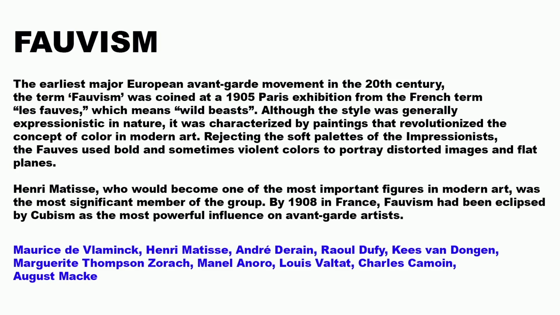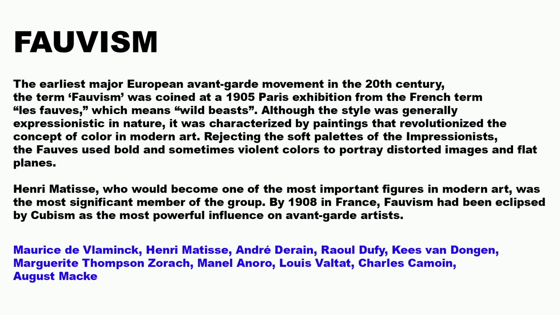Fauvism is the earliest major European avant-garde movement in the 20th century. The term Fauvism was coined at a 1905 Paris exhibition from the French term les fauves, which means wild beasts. Although the style was generally expressionist in nature, it was characterized by paintings that revolutionized the concept of color in modern art.